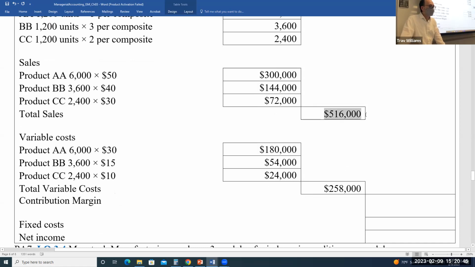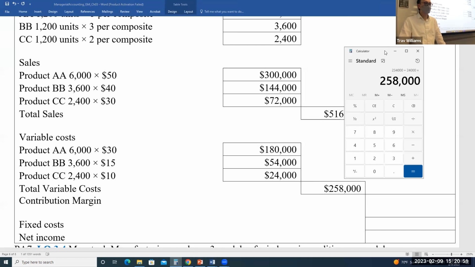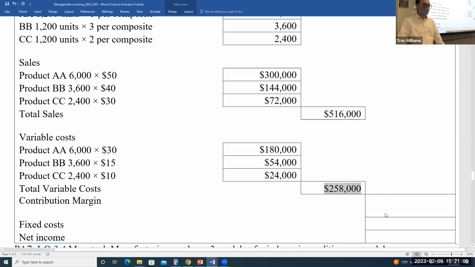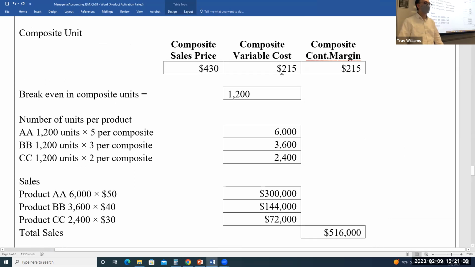Now, if we take our total sales minus total variable costs, that will equal our total contribution margin. And it makes sense that our total variable costs equals our total contribution margin, because remember, variable cost per composite unit equaled the contribution margin per composite unit, right?